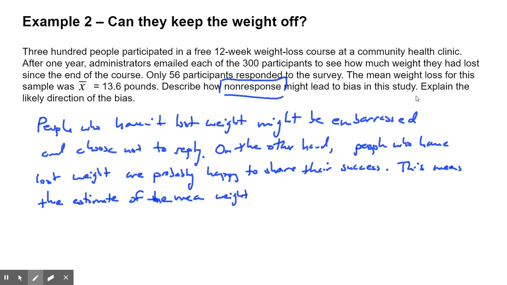And again, it's a mean problem because I see x̄, right? Or I see the word mean, right? So this is a mean problem. That's what x̄ is, the sample mean.